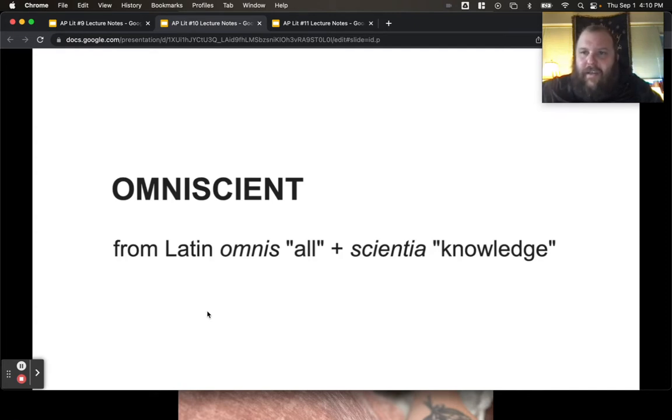Latin scholars would probably shudder at my pronunciation, so I do apologize. But the Latin words mean all knowledge, right? Omniscient, all knowledge, the all-seeing eye. It sees everything that's happening in the story.